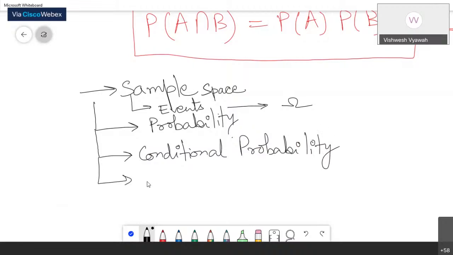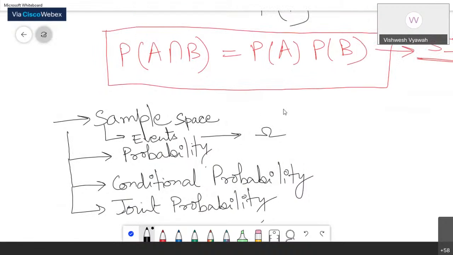We learned about joint probability. While explaining these three concepts, we have used set theory for understanding this.